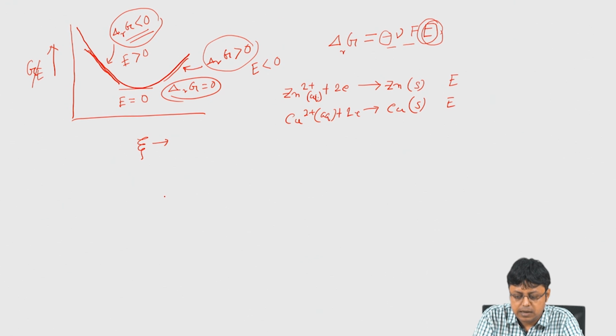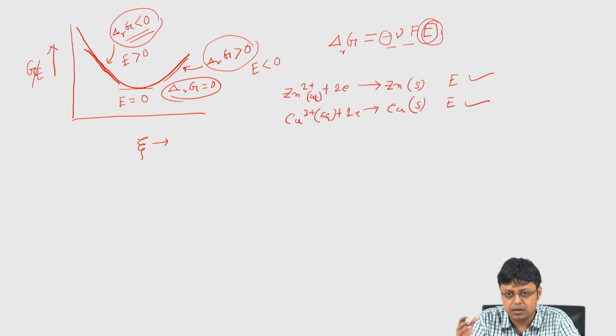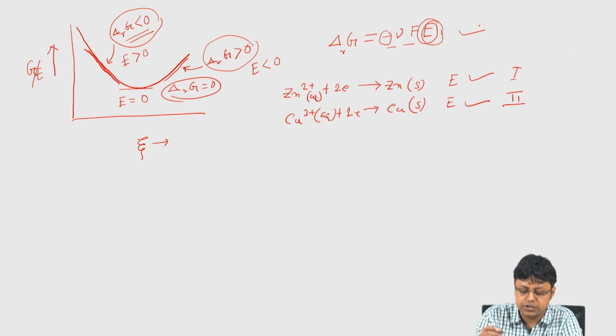In this reaction, one reaction is going in this direction and the other reaction is going in the reverse direction, which we discussed, but we just took it for granted, in the sense that we do not yet know whether writing this as the forward reaction and the first reaction as the reverse reaction will be spontaneous, or the other way will be spontaneous. For that we have to check the associated delta G of the total reaction.